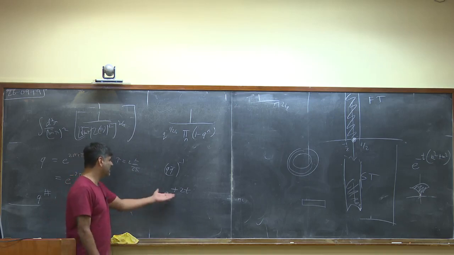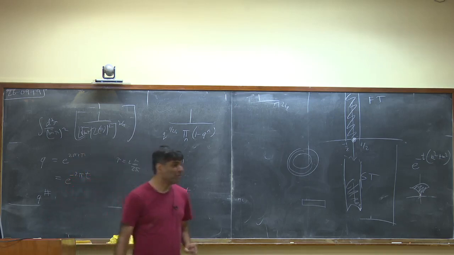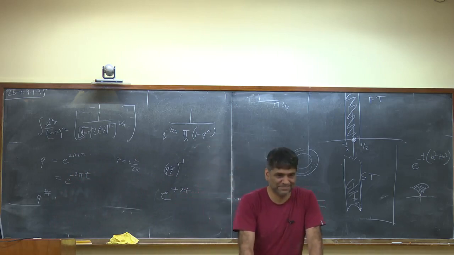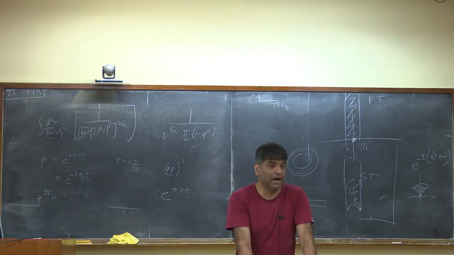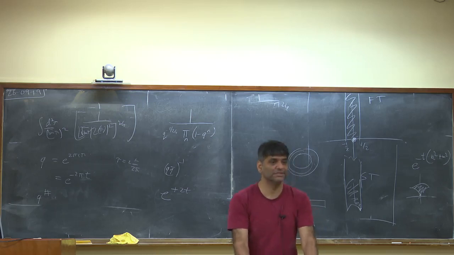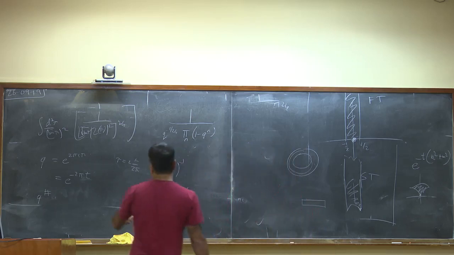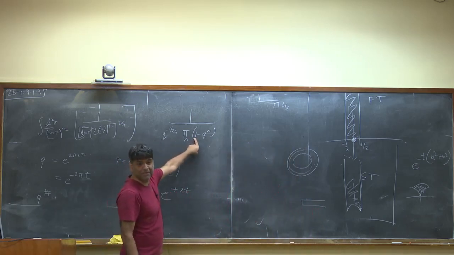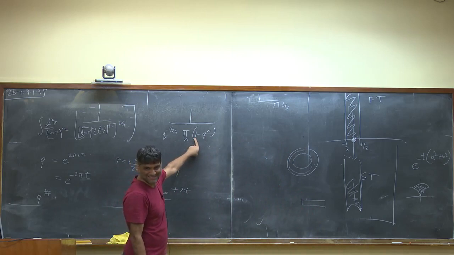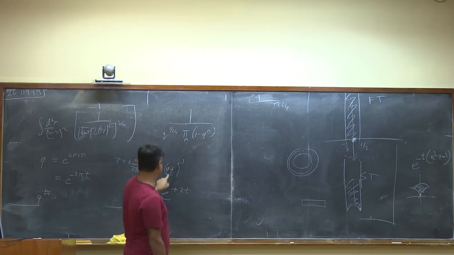Clearly the integral over it is going to diverge. Now, what is the source of that divergence? Where did this come from? This came from the ground state of the oscillators. That was the term that gave us the divergence.